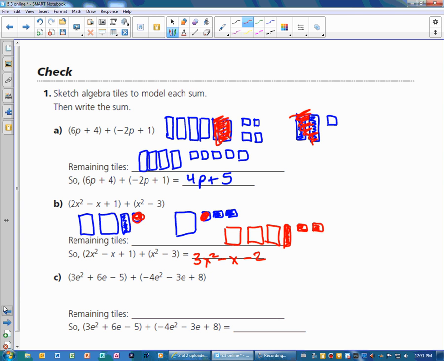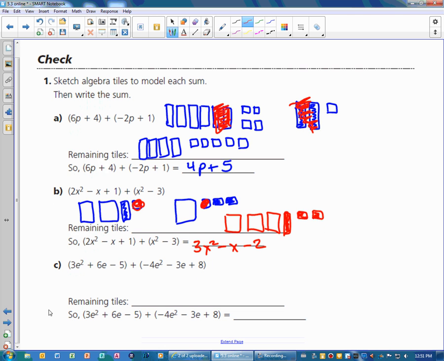Last one, 3e squared. 1, 2, 3. 6e. Oh boy, this is a big one, isn't it?